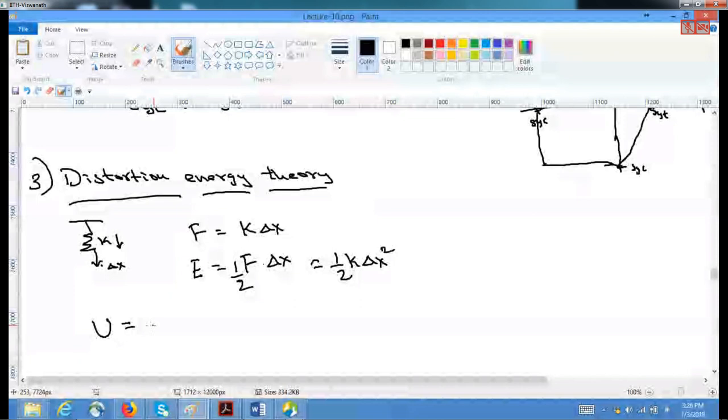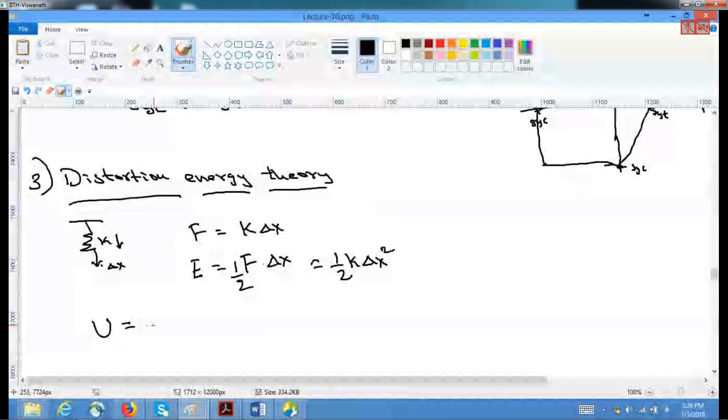Similarly, for a three-dimensional state, U, this is strain energy per unit volume, is given as sigma xx epsilon xx plus sigma xy epsilon xy.